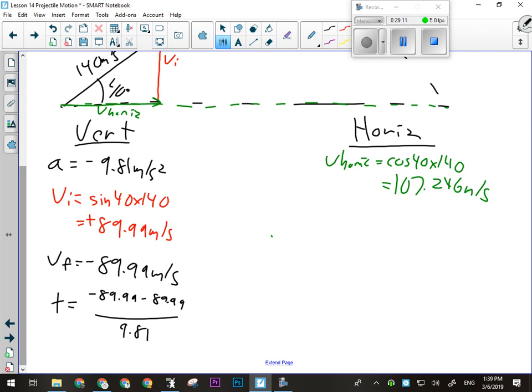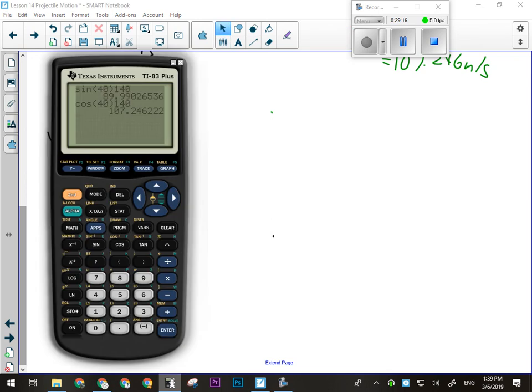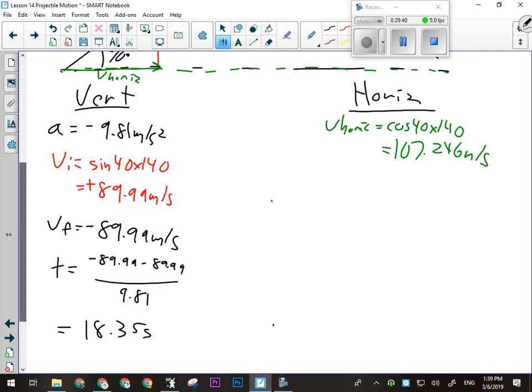So once I have the time, all right, the flight time is 18.35 seconds. So that's our flight time. That also applies to the horizontal part.